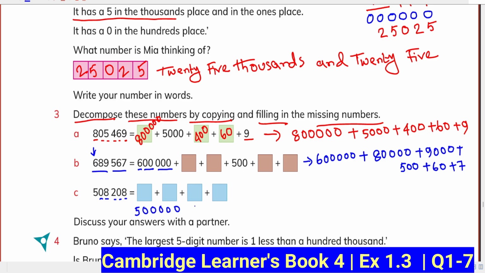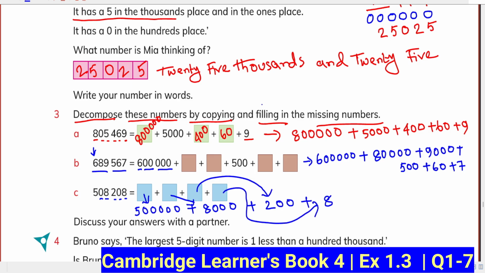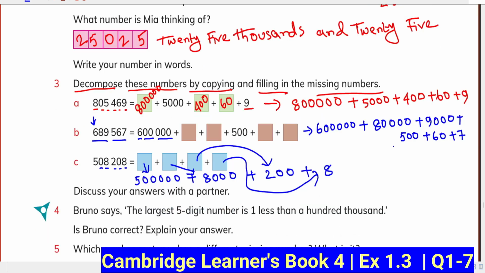And then plus 0, no need to write, it has no place value, and then 8,000, and then 200, and then 8. So this is this place, this place, this place, and 8 is the last place. Okay, very simple.